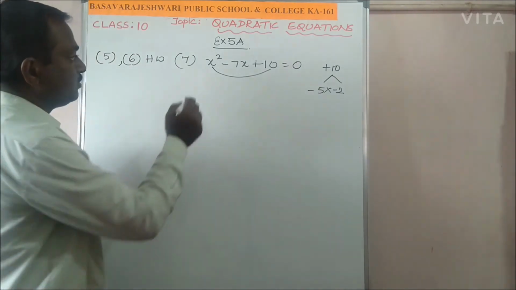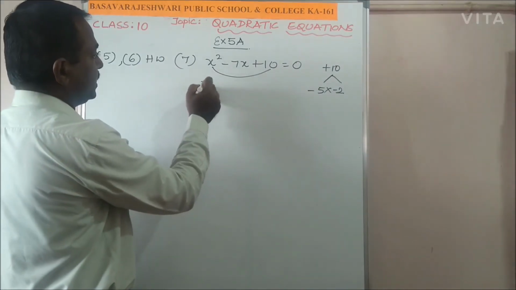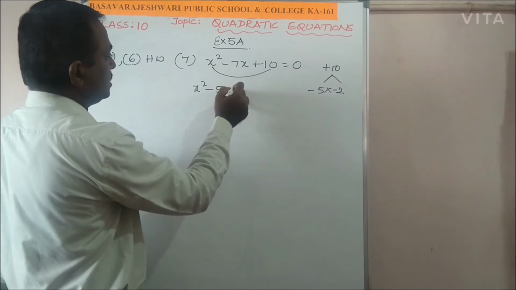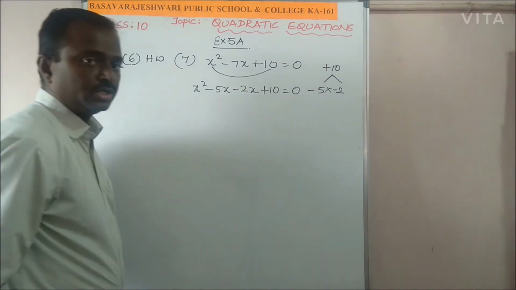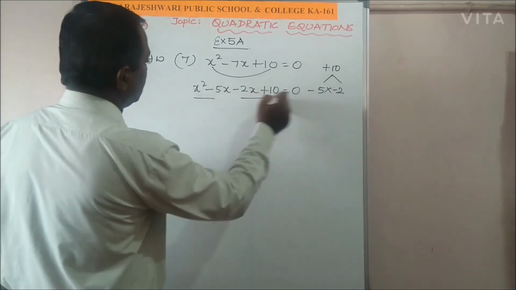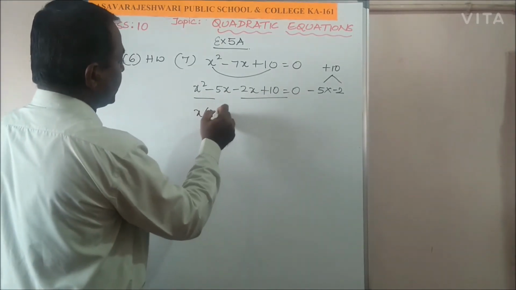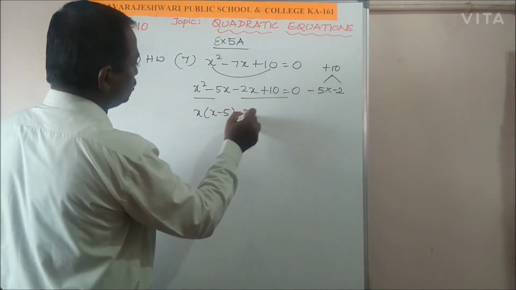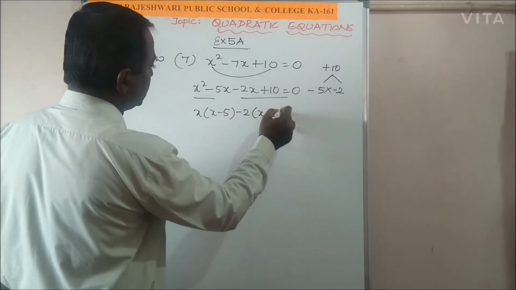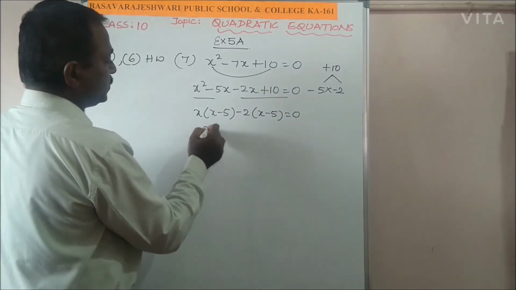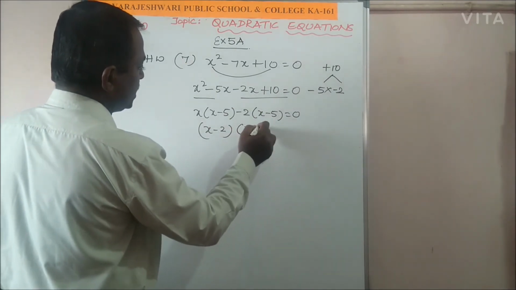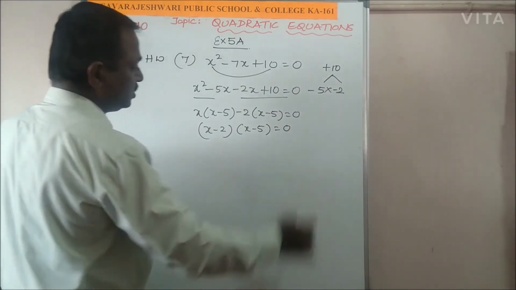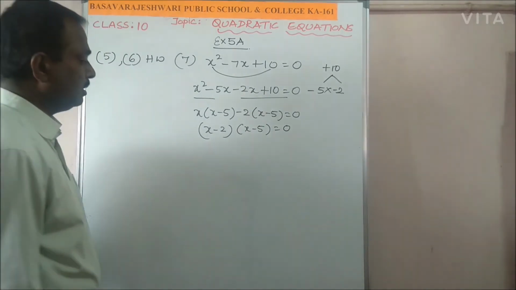So I will split the middle number into two parts. X square minus 5x minus 2x plus 10 is equal to 0. So x minus 5 is common, and minus 2 is common, again x minus 5 remains, equal to 0. So x minus 2 is one factor and x minus 5 is another factor, equal to 0. Zero product rule.